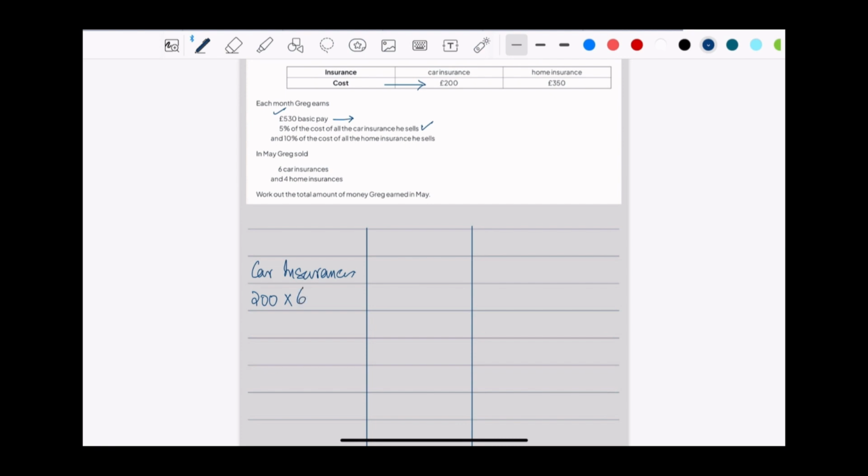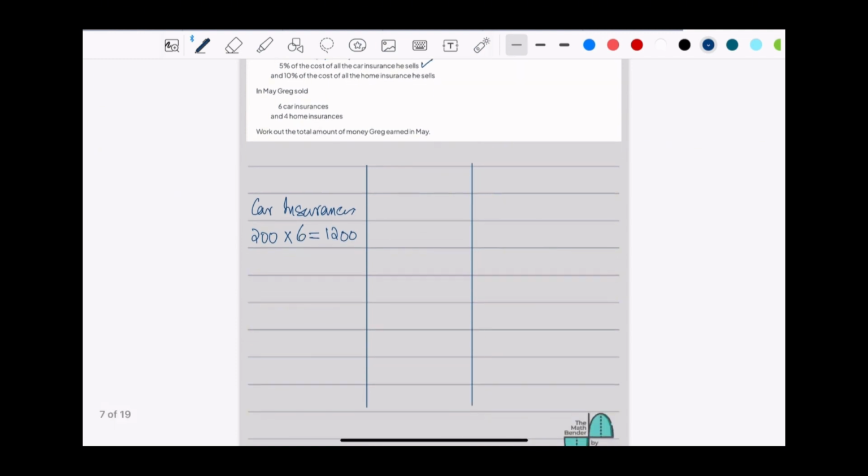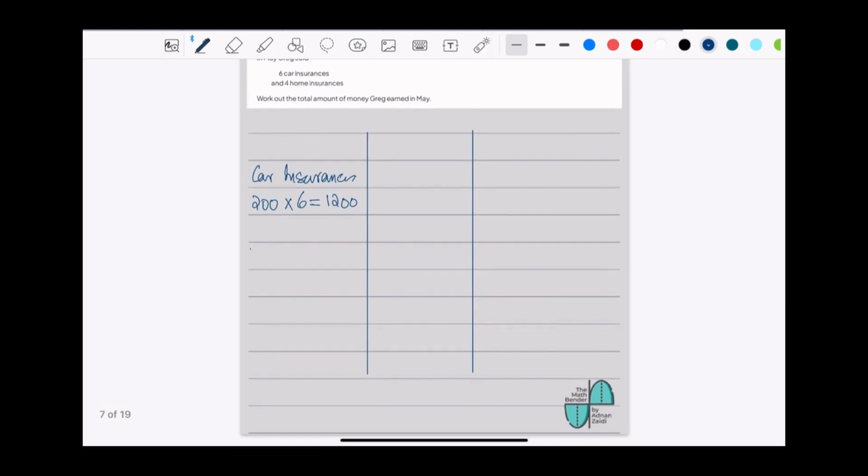So I can write 6 times 200, which gives you £1,200 total. This is what the company earned. So his take home is, 1200 was the total amount the company earned, which is 100%, out of which his share was 5%, which is x.